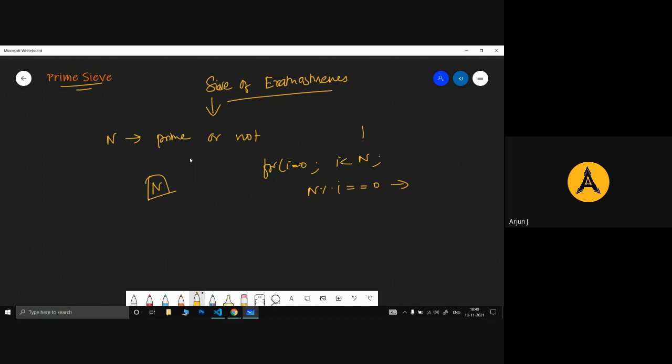But what is the problem over here? For a single number, the time complexity would be O of n. So if I'm saying that I'm going to query based on 1000 test cases and each number can be a max of 10 power 5, how will you be able to run an O of n algorithm? This n over here just depends on this 10 power 5.